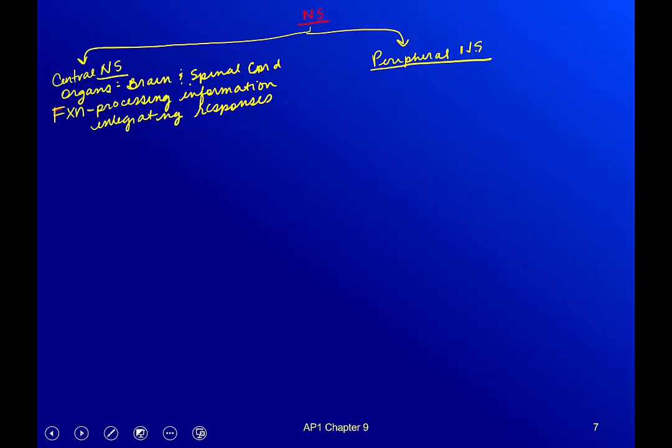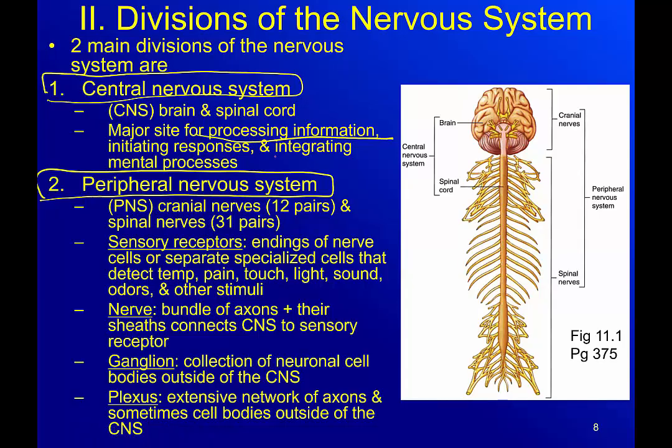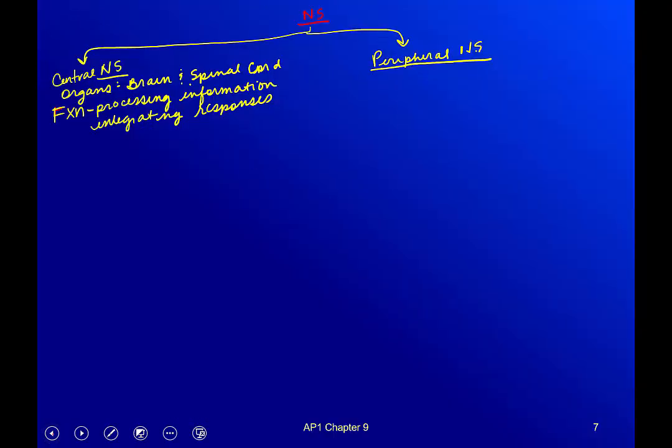Initiating responses and integrating mental processes.